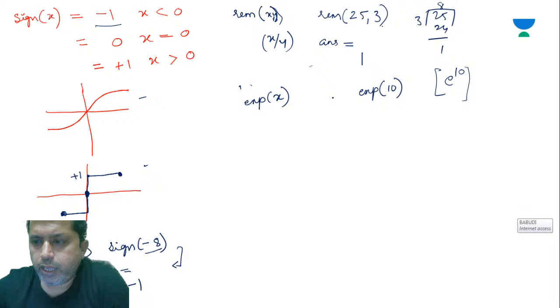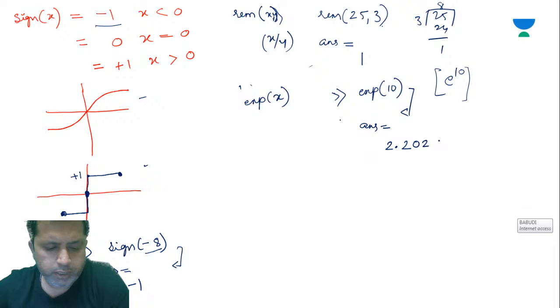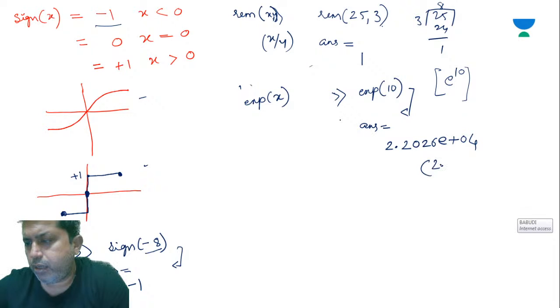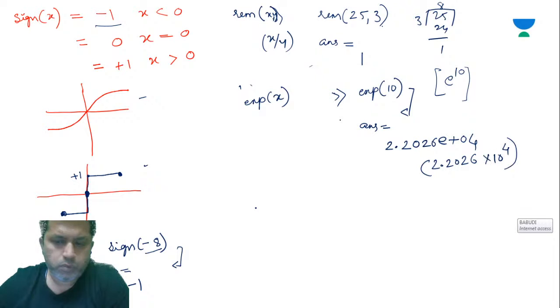So exp of 10 will return the answer 2.2026 e raised to plus 04. That means in mathematical terms 2.2026 into 10 to the power 4. This is the exp x function.